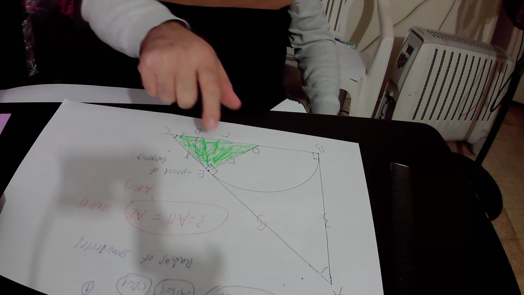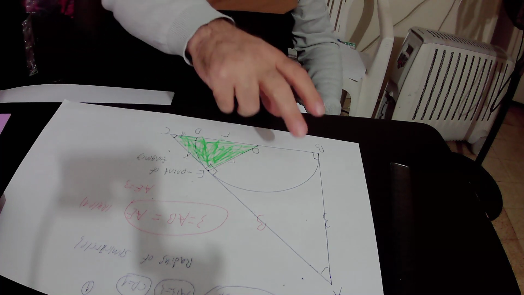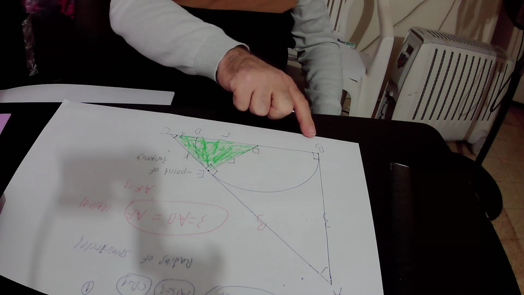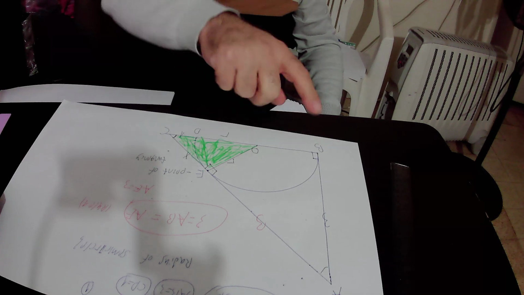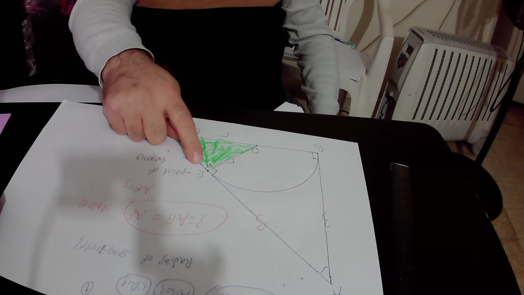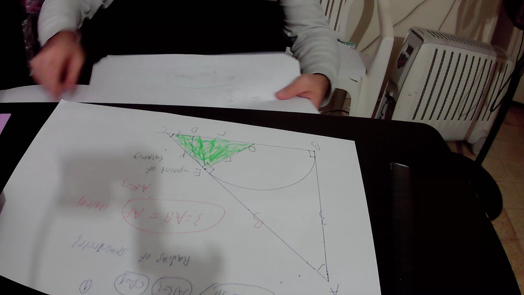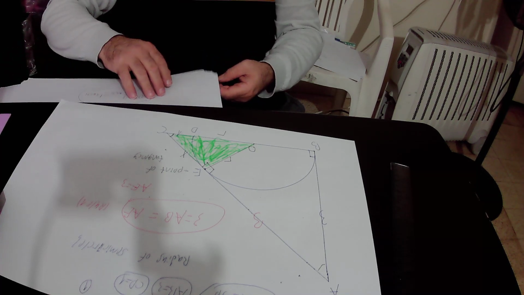Side AB is tangent to this semicircle at point B, and line segment AE is tangent to this semicircle at point E. And we want to find out the radius of this semicircle.